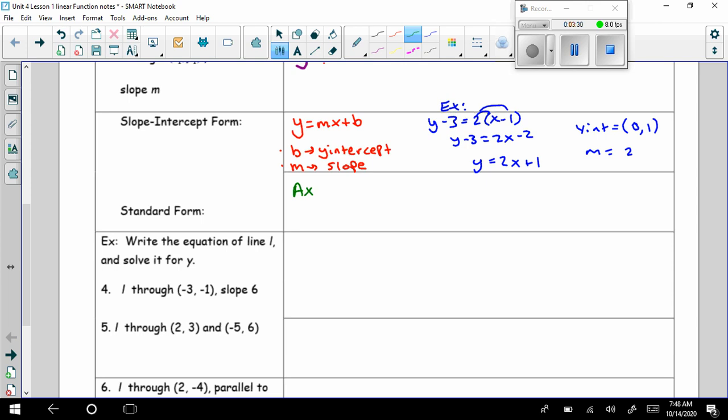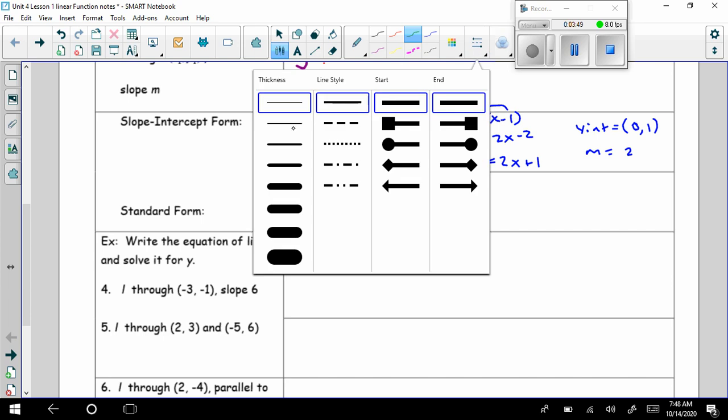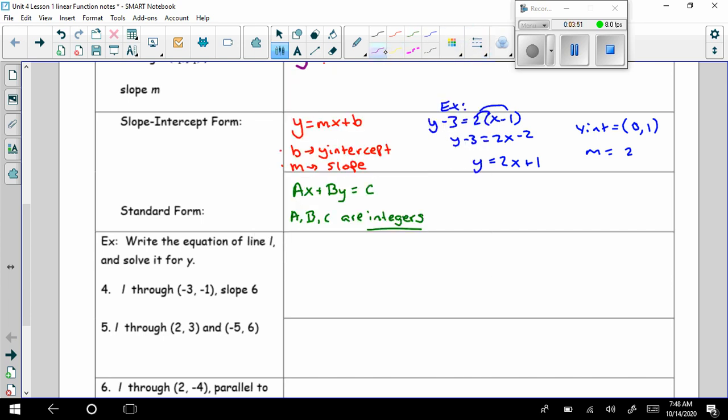Okay. Standard form is the only one where you can't clearly see what those things are. Standard form is ax plus by equals c, where a, b, and c are integers. So there's a word from Unit 1. Keeping in mind that often, at least in textbooks, and I'm not this picky, a cannot be negative.